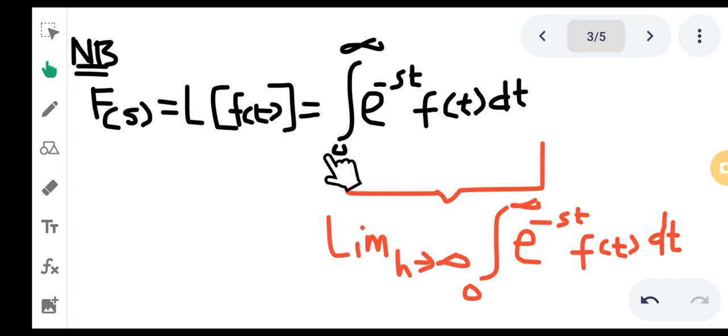So the integral from 0 to infinity of e exponent minus st multiplying the function f of t dt. As I have already spoken about the limits, we take the limit as h goes to infinity of the integral from 0 to h of e exponent minus st f of t dt. So we just make a substitution.